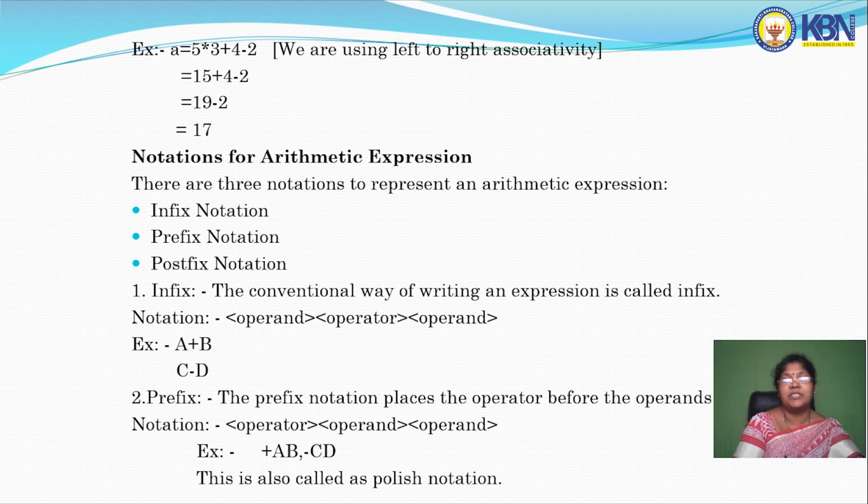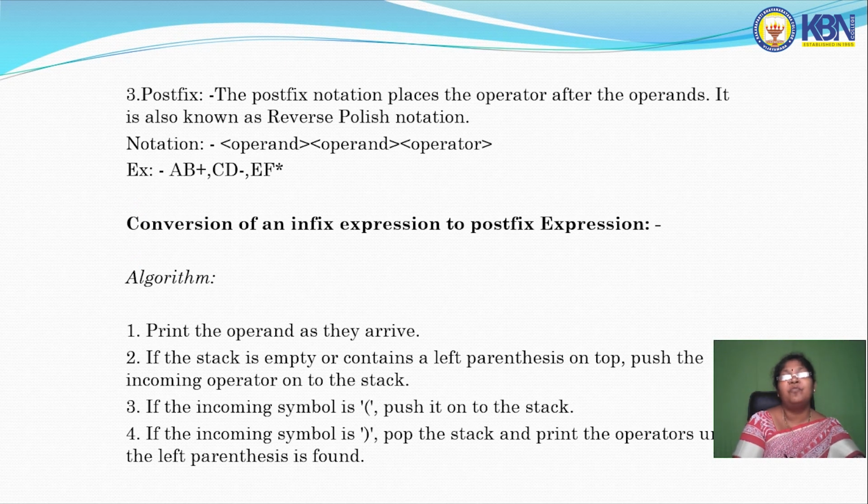Then go for the next one. The last one is postfix. In postfix, the notation is operand 1 and operand 2, then the operator. See, a b plus, so we call it a postfix, okay.